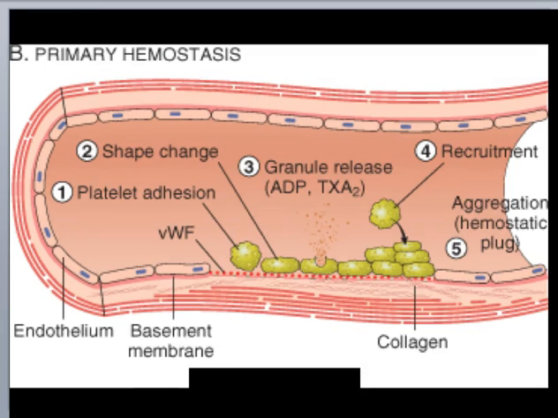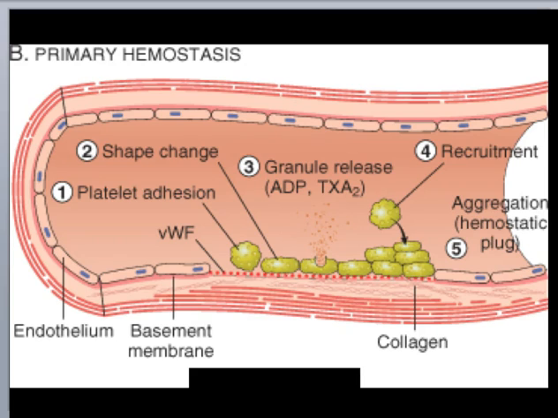The second step, primary hemostasis, is where things really get interesting. And this is where you have the formation of the platelet plug. So disruption of the endothelium exposes subendothelial von Willebrand factor and collagen, both of which promote platelet adherence and activation.